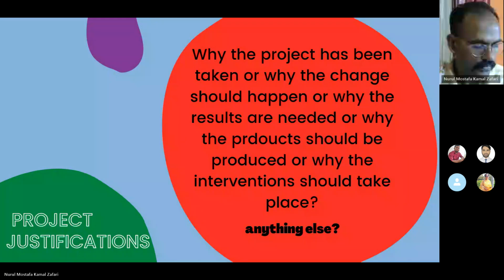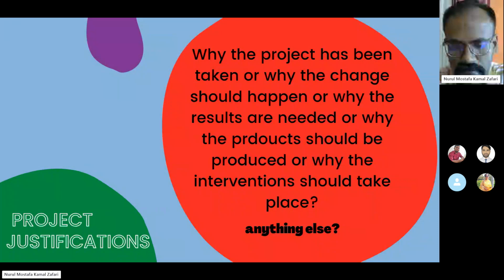In trying to write the justification, will it be wrong if you indicate the prevalence of child abuse cases in the area? Then you justify that because of A, B, C, D that is happening in this particular area, there is the need to have this intervention of reducing the child abuse cases. That is why this project should come in. Can the justification be in that form?